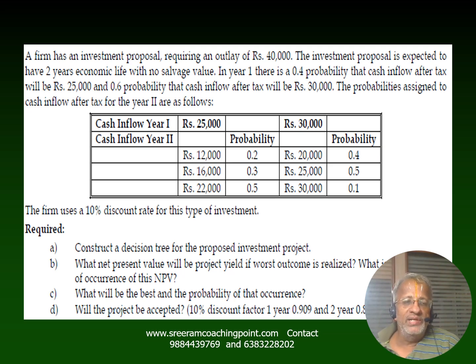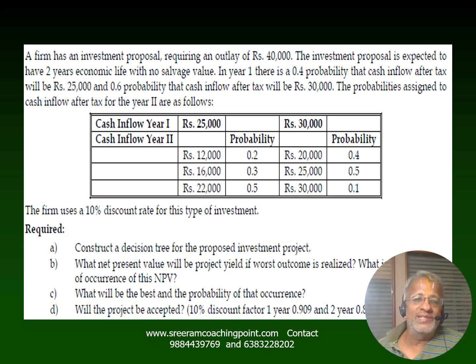The probabilities for the second year will be dependent on the outcome of year number 1. So if it were to be 25,000 in the first year, it would result in 12,000 or 16,000 or 22,000, and their probabilities are given as 0.2, 0.3 and 0.5.